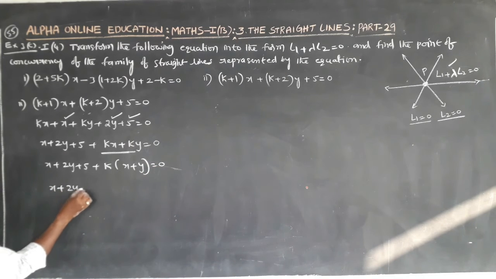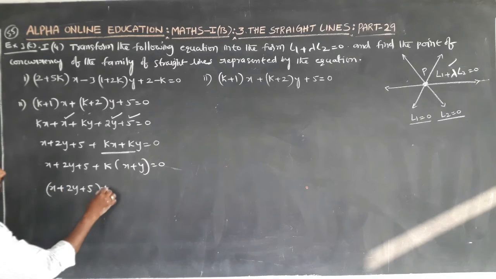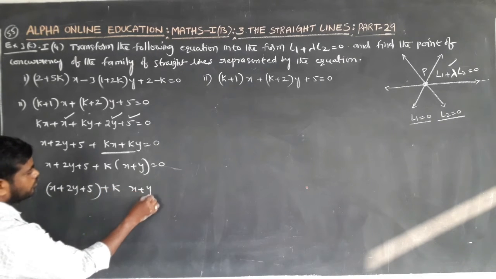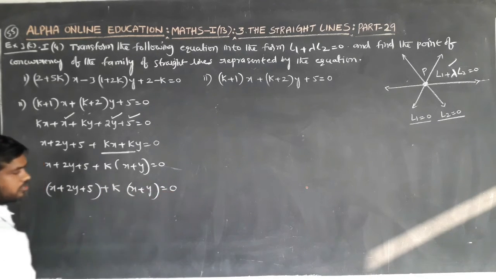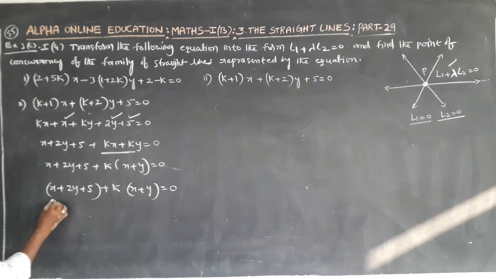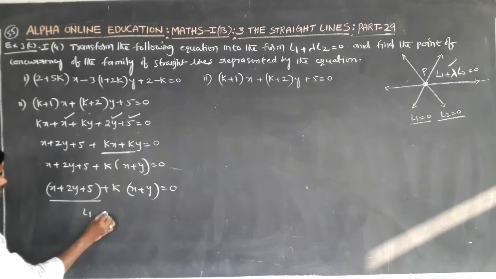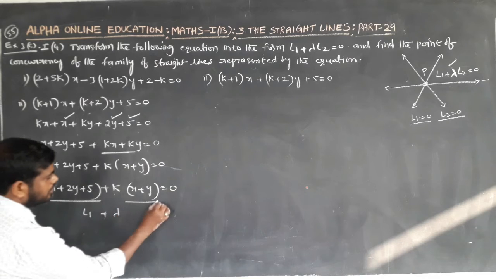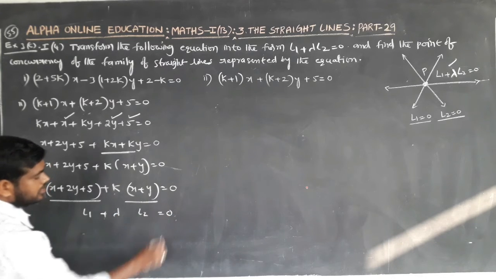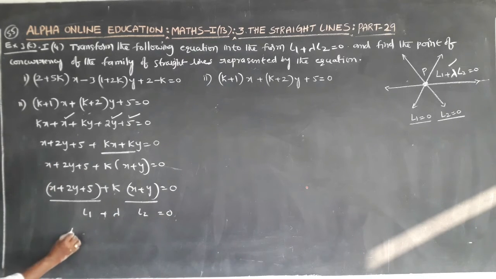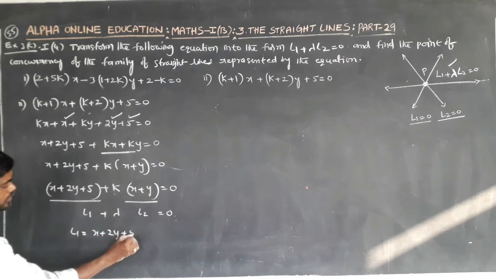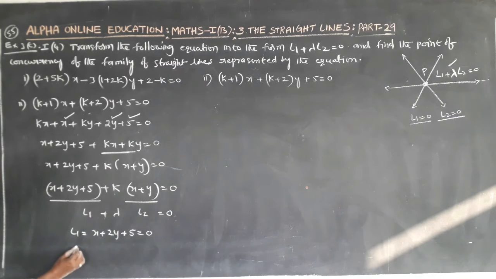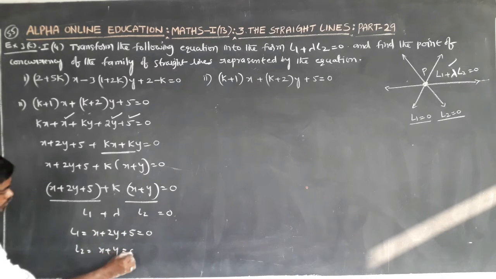x plus 2y plus 5 plus k into x plus y is equal to 0. This is the form L1 plus lambda L2 is equal to 0. Here L1 is x plus 2y plus 5 is equal to 0, and L2 is x plus y is equal to 0.